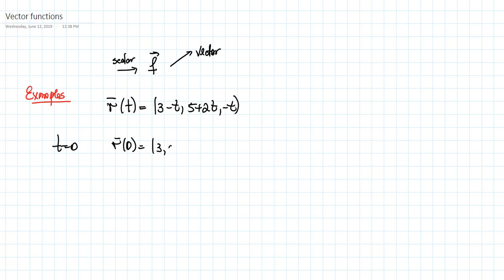It's going to be (3, 5, 0). When t is equal to 1, what is r(1)? It's going to be (2, 7, -1). So by substituting one number, we're getting a vector. We can even draw these vector functions when we look at the output vectors as points.